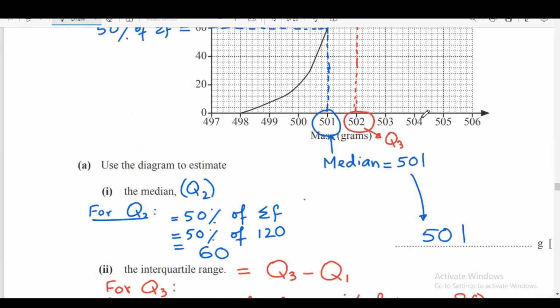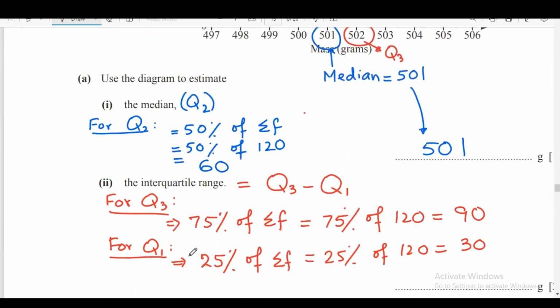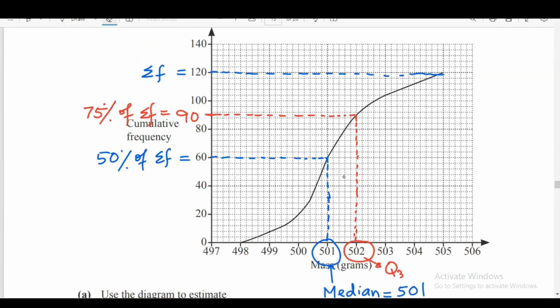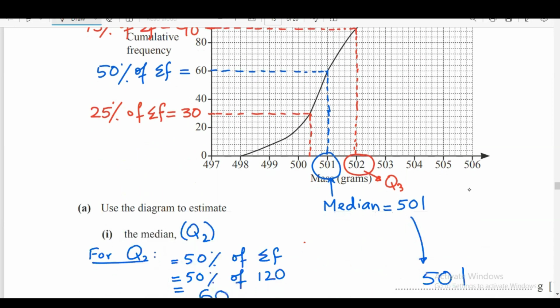Now for Q1, 25% of sigma f, which is 30. 30 is in between 20 and 40. This is the value of 30 here, 25% of sigma f. Join this line with the graph, and the value on the x-axis will be the value for Q1.